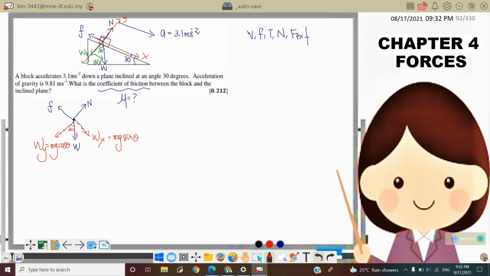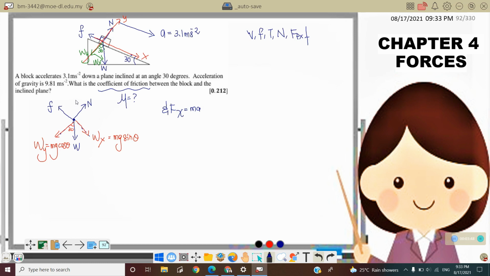Next we will create equations for the X and Y components. For X, the sum of Fx equals ma, and this time a is not 0 because they give you 3.1, it's accelerating.